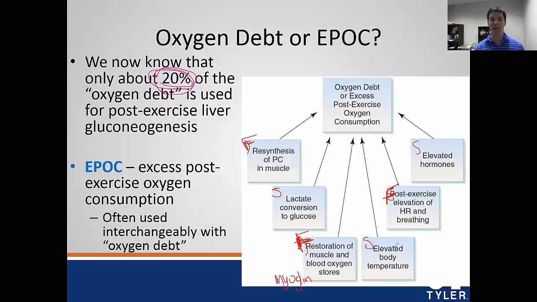You're speeding up the glycolytic enzymes, speeding up the TCA cycle enzymes, speeding up the electron transport chain, and therefore metabolism is more rapid. So those are the mechanisms in which we pay that oxygen debt, or probably better termed now, and what most people are using, this excess post-exercise oxygen consumption.